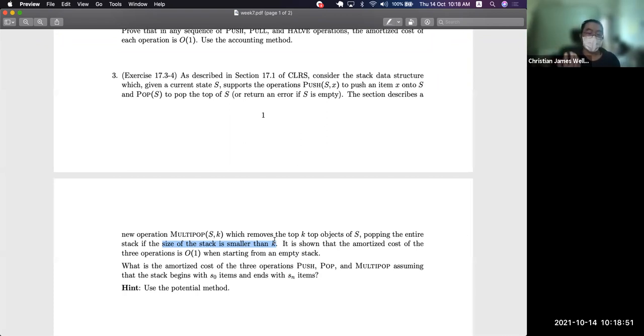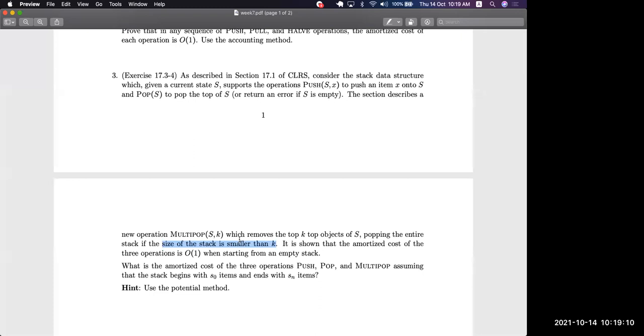Like starting from an empty stack, I'll call multi-pop of 100, 5, 2, 3, 4. But it does nothing because the stack is empty, right? So to answer your question, I don't think that's a reasonable assumption because of this part.